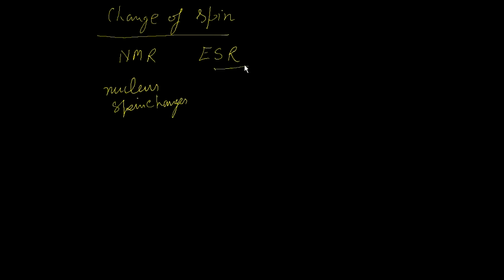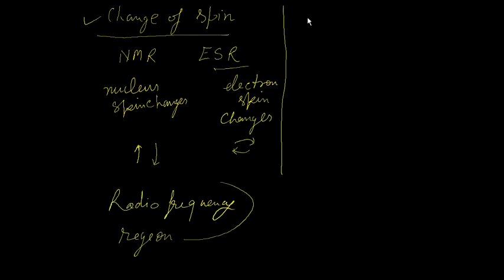On the other hand, in electron spin resonance, the electron spin changes. If you change the orientation, at that time you observe the microwave region.